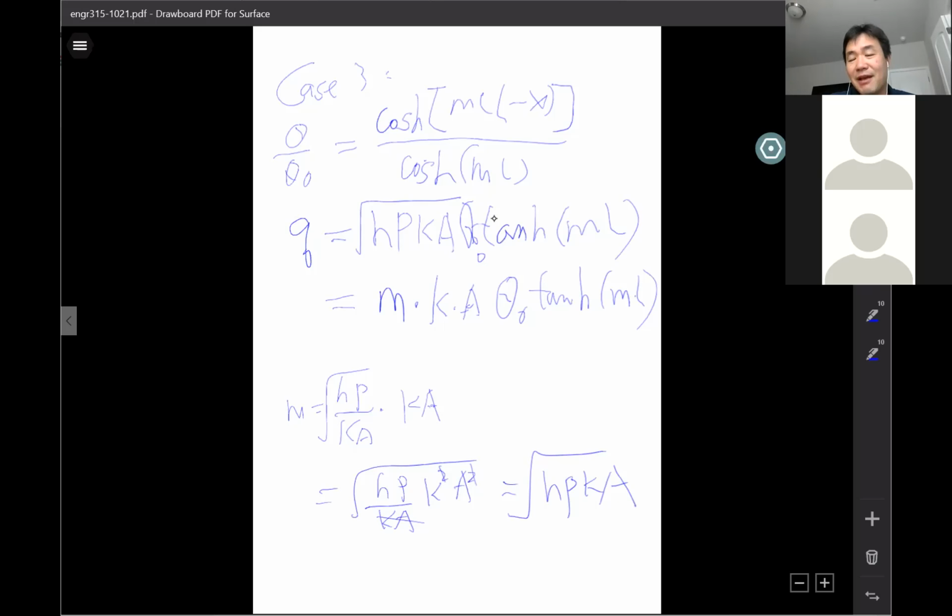Because in any problem, when you start, you have to calculate M, no doubt. M is absolutely necessary. So you already have M, why not just use this form? It looks a little bit simpler. You don't have to do the square root. M times KA, so it's up to you. The square root of HPKA always equals M times KA. Some engineers just memorize that.